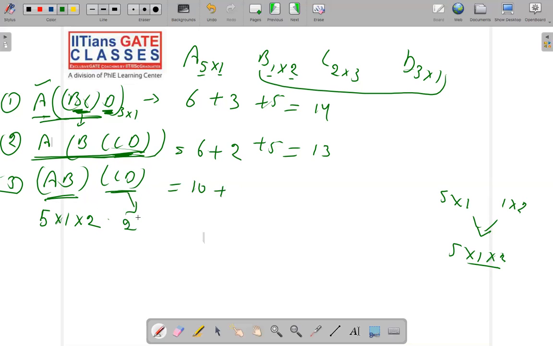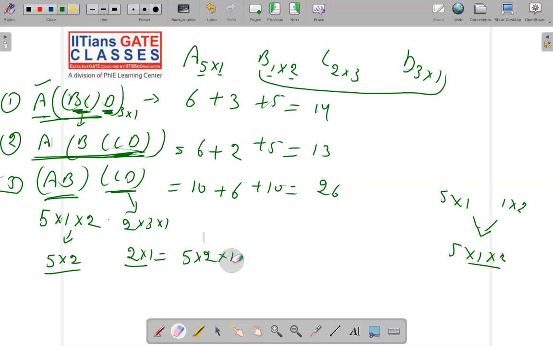For CD, it's 2 into 3 into 1, which is 6. The resulting matrix for AB is 5 into 2, and for CD it is 2 into 1. Now, what is the effort to multiply these two? It's 5 into 2 into 1, which is again 10. So now you can see it's 26. So this option is the worst till now.